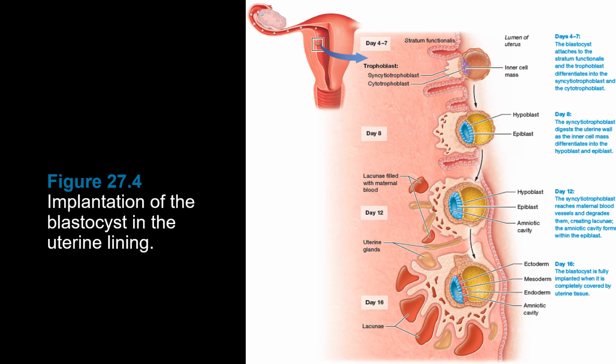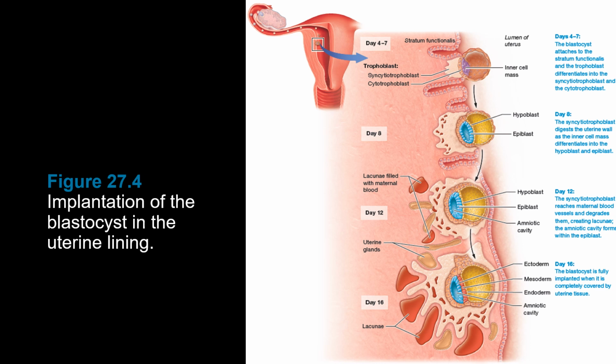The syncytiotrophoblast progressively invades the uterine lining over the next several days, reaching the maternal blood vessels on or before day 12, where it will surround these blood vessels and digest the walls of them. And what this does is it allows maternal blood to pool and fill cavities called lacunae, or intervillous spaces.